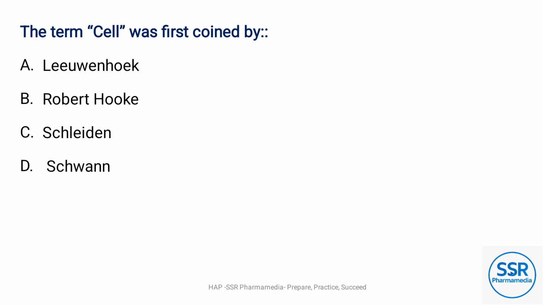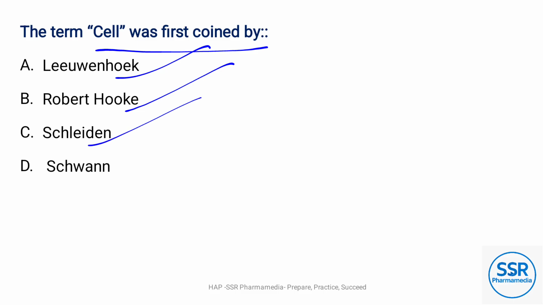The first question. The term cell was first coined by: option A, Leeuwenhoek; option B, Robert Hooke; option C, Sheldon; option D, Schwann. So the answer is option B, Robert Hooke.